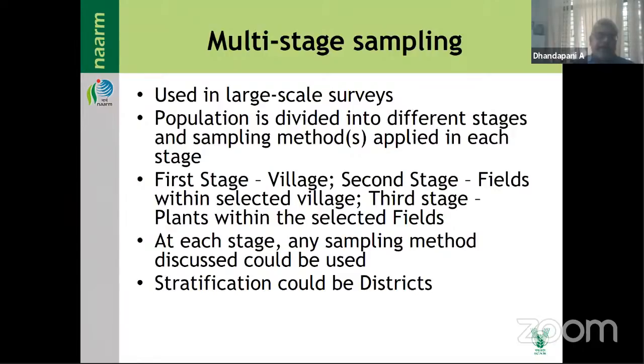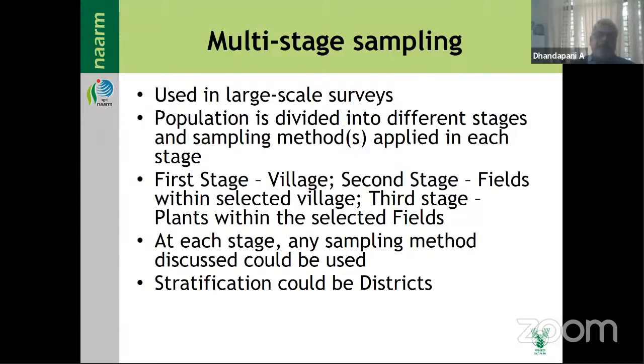I can go for unequal probability based on some criteria, maybe the population of the village, which is again available. So unequal probability based on population size. The second stage: I need a list of all fields within the selected village. This frame I have to collect only for the selected villages.